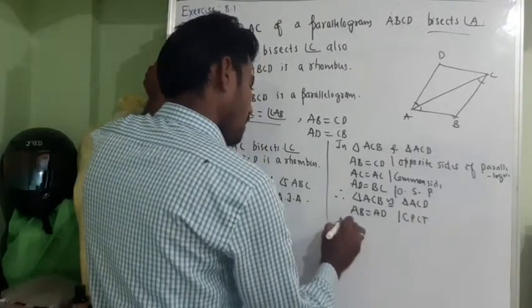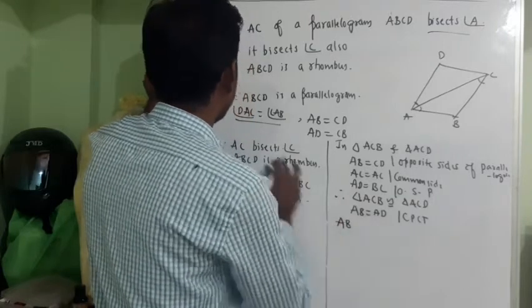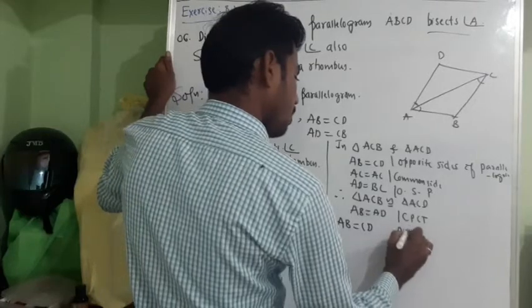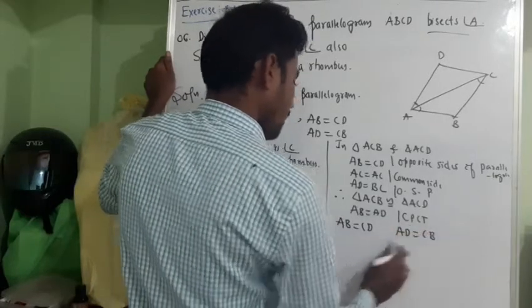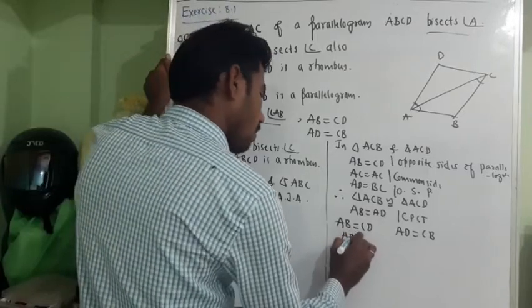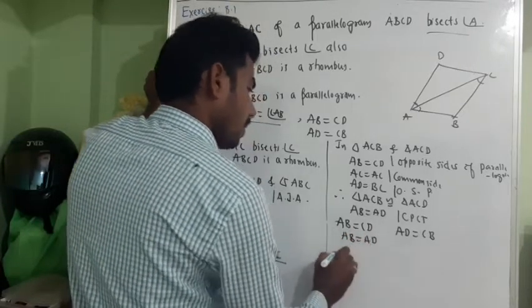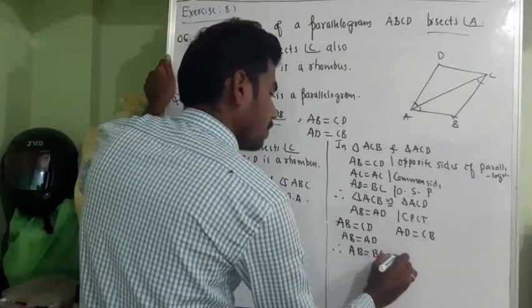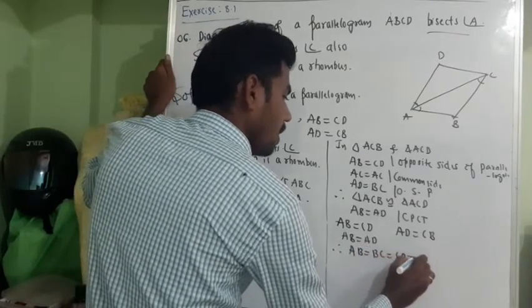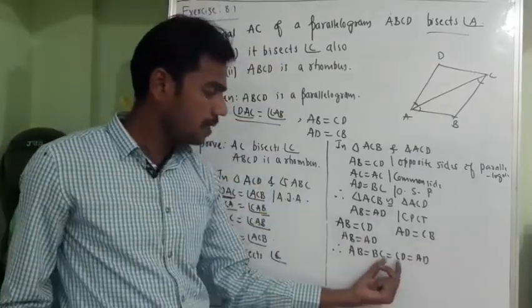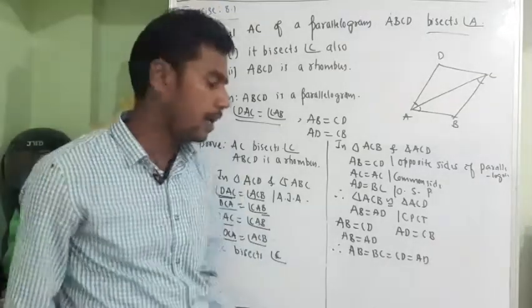We know that AB is equal to CD and AD is equal to CB. But what we are able to prove is AB is equal to AD. Therefore, AB is equal to BC is equal to CD is equal to AD. So from these three, what we can conclude: AB is equal to BC, BC is equal to CD, CD is equal to AD.